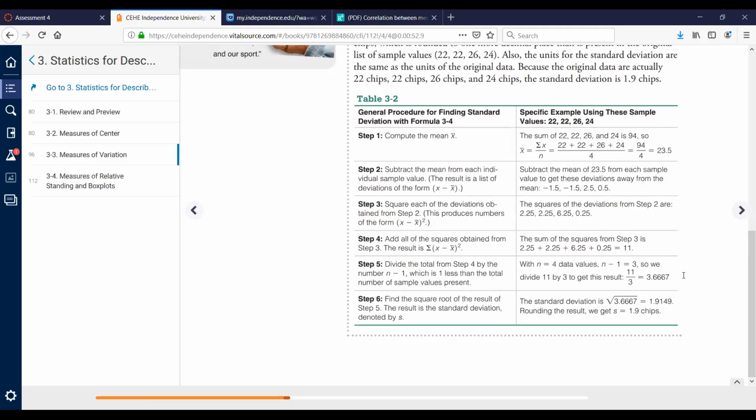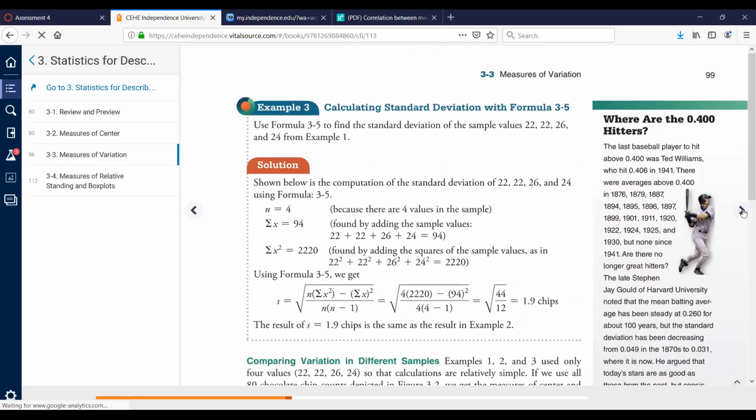That gives us the variance, which we then take the square root of to get the standard deviation. So this was going back to the chocolate chip data in the cookies. And they only looked at 4 values from one of the data sets to do this as an example. If you were doing this completely, you would use the entire data set.